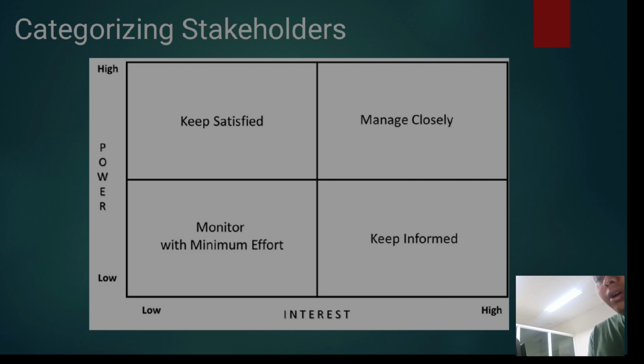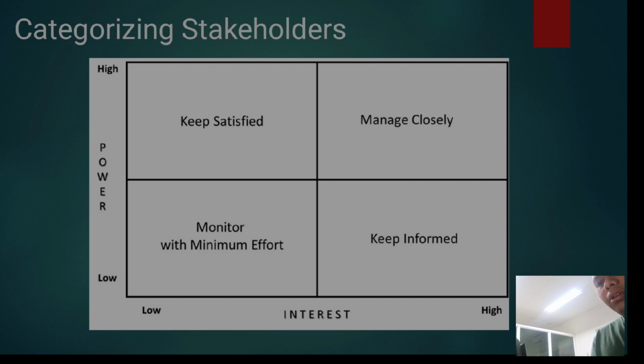So another category is the high power, low interest. So this type of stakeholders are the ones who have great impact in the organization, but do not need too much information or monitoring.